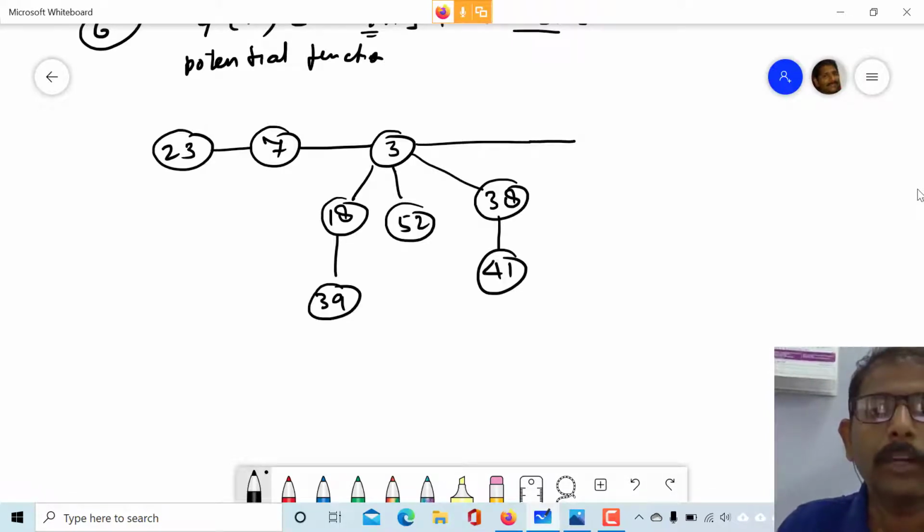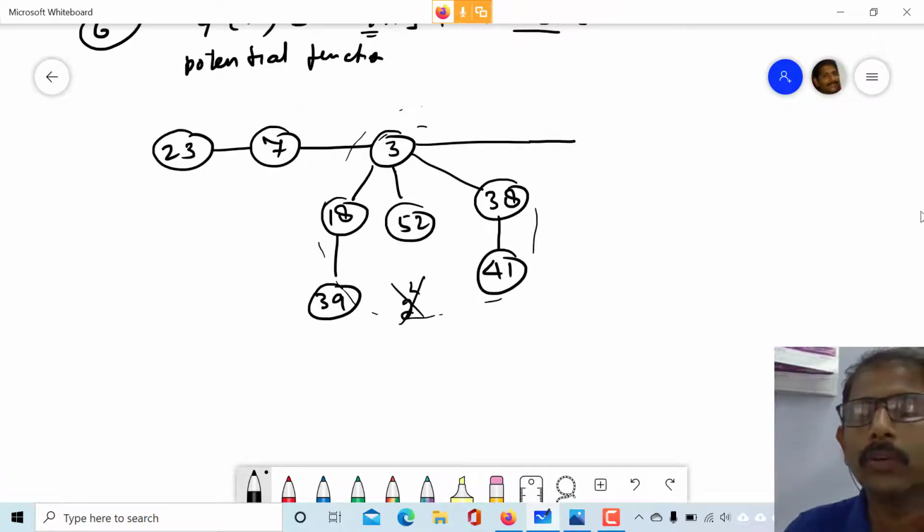Because it is not a binomial tree, it is not necessary that the number of nodes in a tree is a power of 2. What is the number of nodes in this case? 1, 2, 3, 4, 5 and 6. So 6 nodes are there in this tree. That means it is not a power of 2.